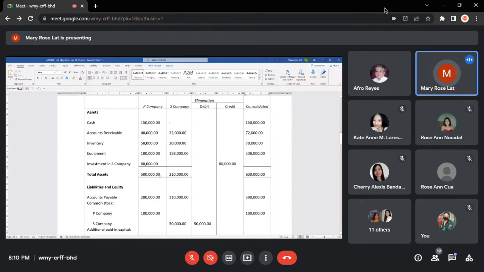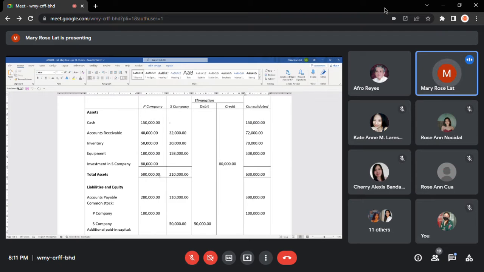Assets. Cash of P Company is 150,000 and the consolidated amount is 150,000. Accounts receivable of P Company is 40,000 while the S Company is 30,000, with a consolidated amount of 72,000. Inventory of P Company is 50,000 while the S Company is 20,000, with a total of 70,000.